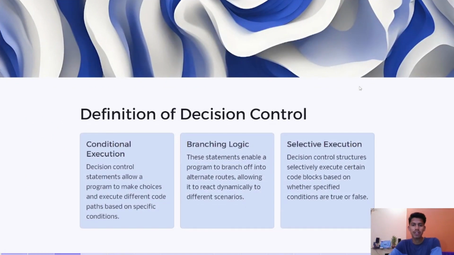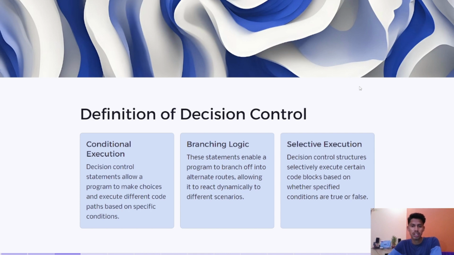So first thing is the definition of decision control. Conditional execution: decision control statements allow our program to make choices and execute different code parts based on specific conditions. So it's nothing but the decision we allow the program to take based on a set of statements or conditions.